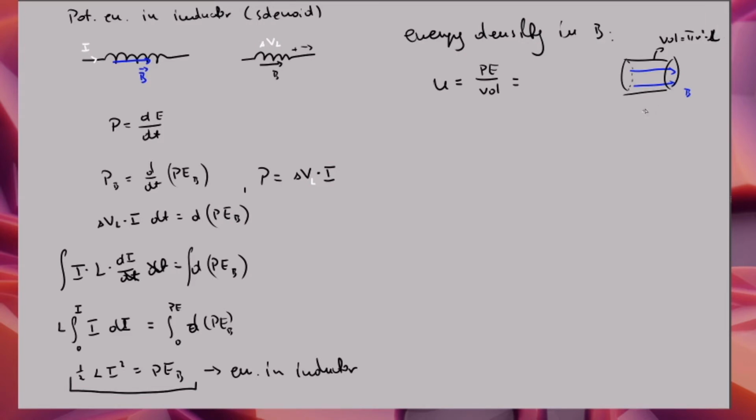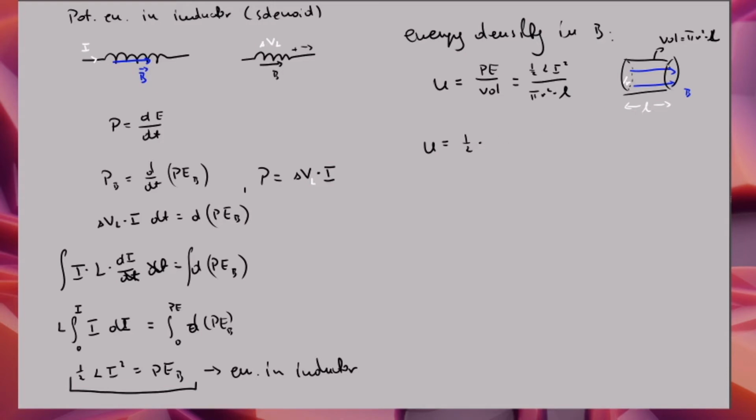So l is the length of the cylinder, and r is just the radius. So this equation here then becomes half L I squared divided by pi r squared times l. And so the energy density U equals half, L comes out.